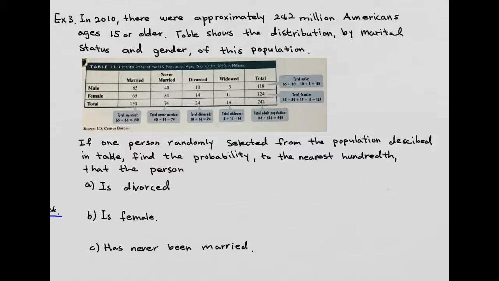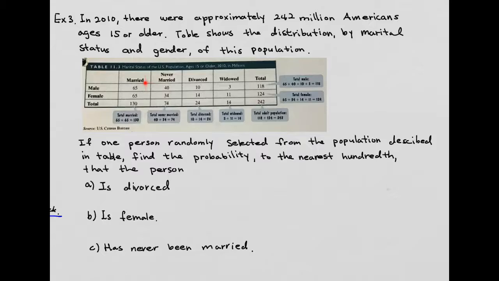If one person is randomly selected from the population in the table, find the probability, to the nearest hundredth, that the person is divorced. So let's look at where the divorced column is. This is the divorced right here.